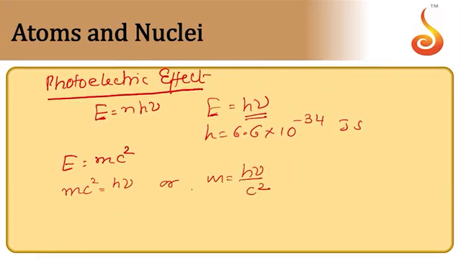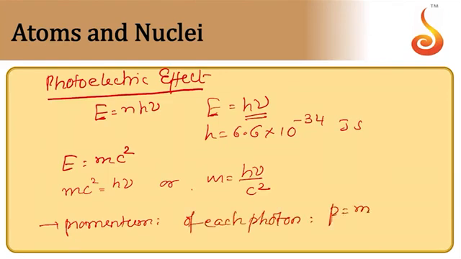Just like a packet of energy, a packet of light possesses energy, it also possesses momentum. Momentum of each photon is mc, and that is h nu divided by c square into c, or this can be written as h nu divided by c.